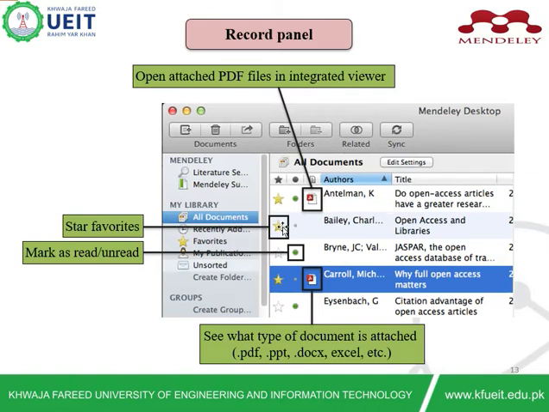And this star shows your favorite papers. Maybe you have downloaded or inserted numerous papers, but you find some more specific and closer to your research area. You click the star button, and this yellow icon shows that you have marked it as favorite.